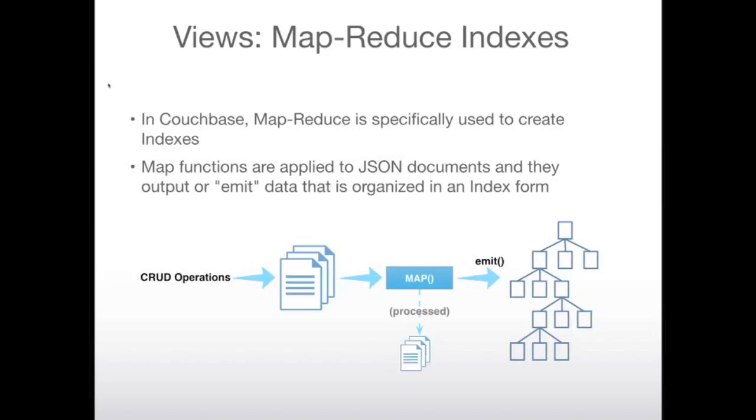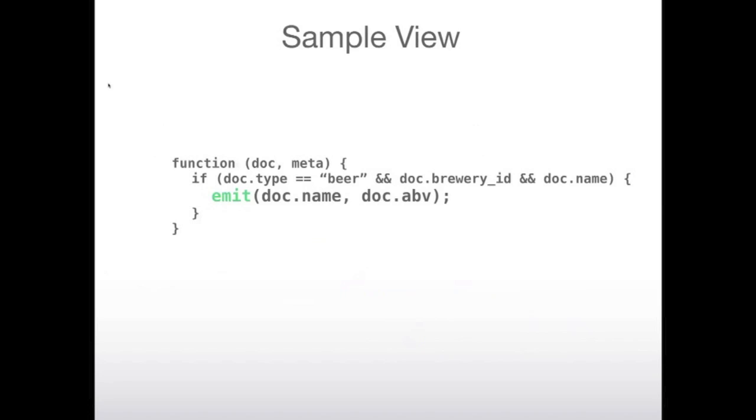And so our output from the map functions is specifically tailored to insert, update, and remove from the index structure. As CRUD operations happen, these documents are created. They go to each of the map functions, they get processed, and in the emit call, or the output call, it goes into an index.